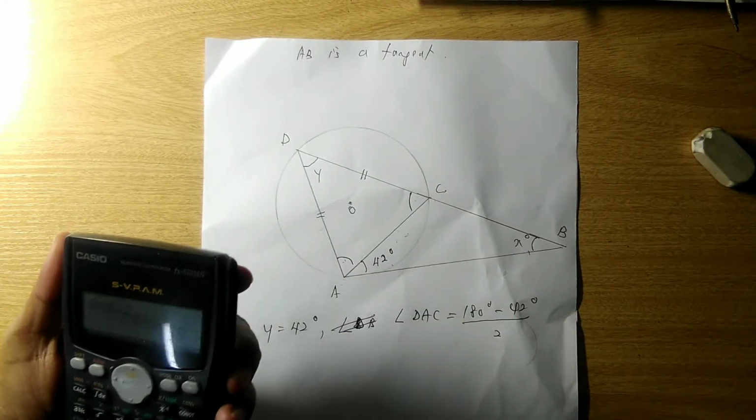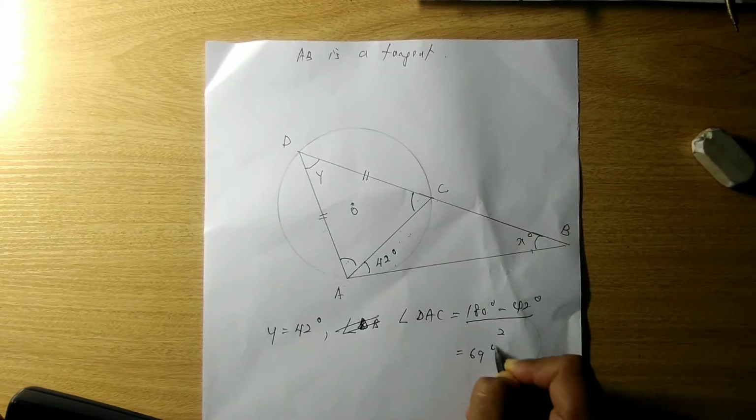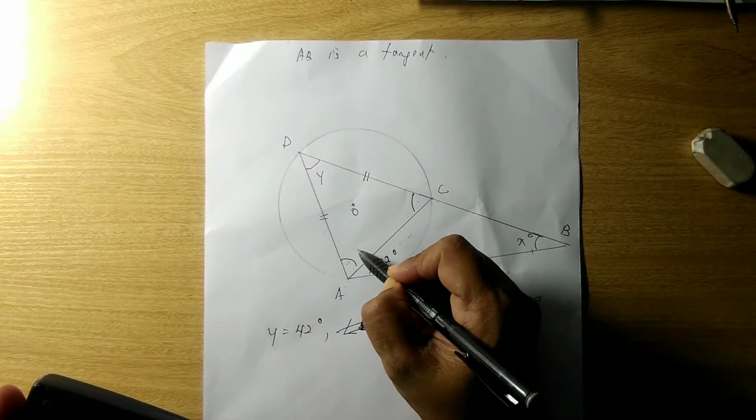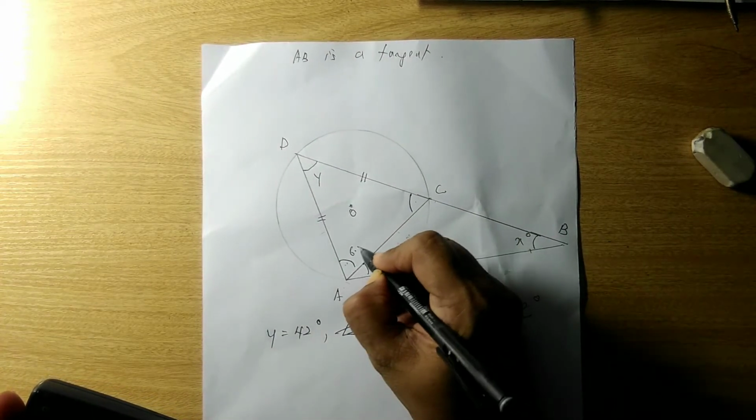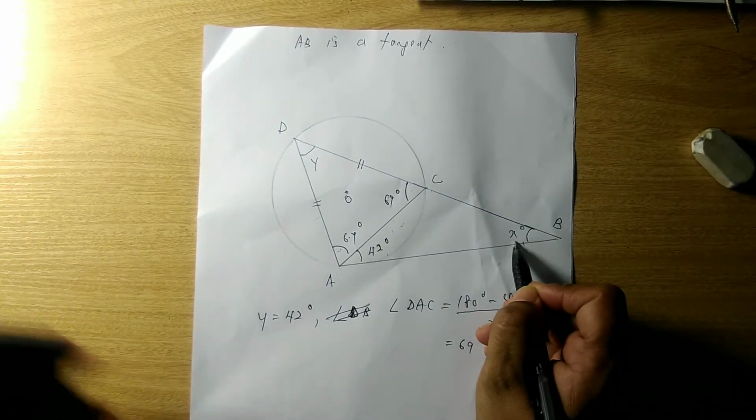So each angle is about 69 degrees. Now we want to find x.